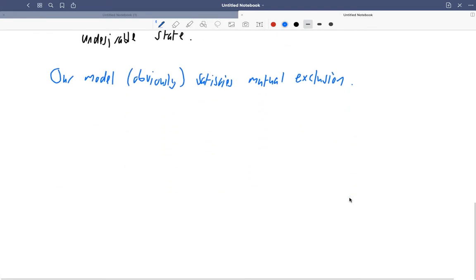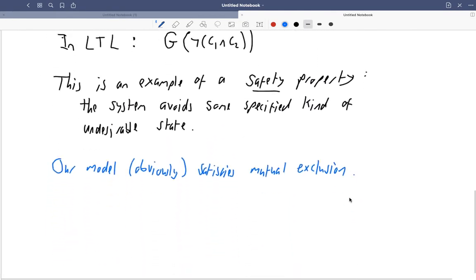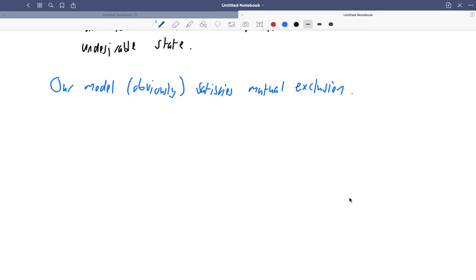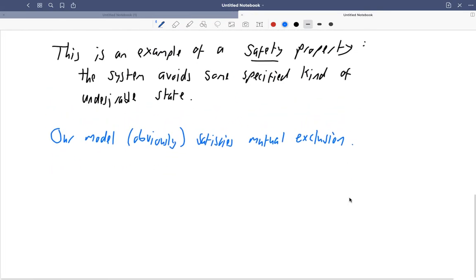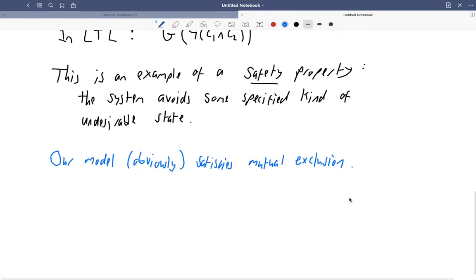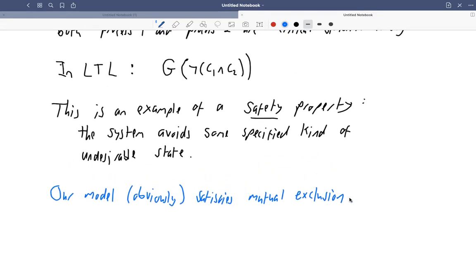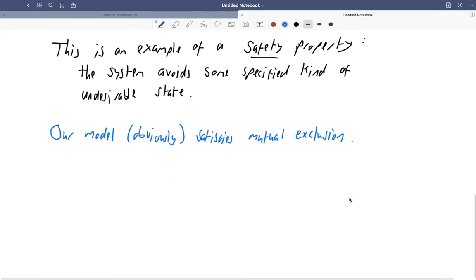Okay, so let's consider another property that we might consider the system to have. And this is going to be a property that instead of saying we avoid some specified kind of bad thing, says actually we want the system to satisfy some specified kind of good property.